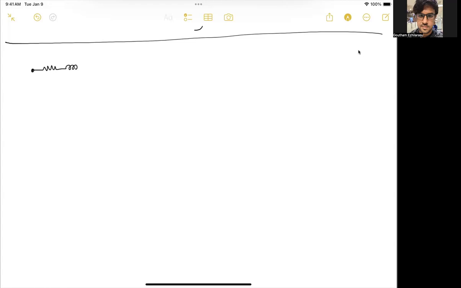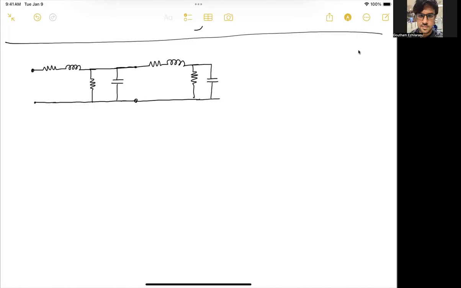So we have R, L, G, C. This will be the first element, and the second element, R, L, G, C. And imagine at the output, there's some load connected.